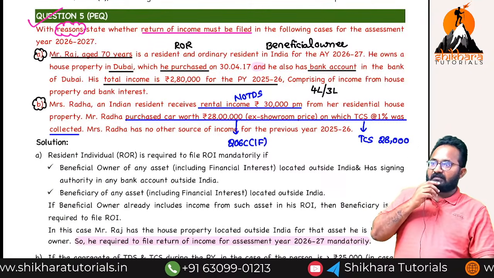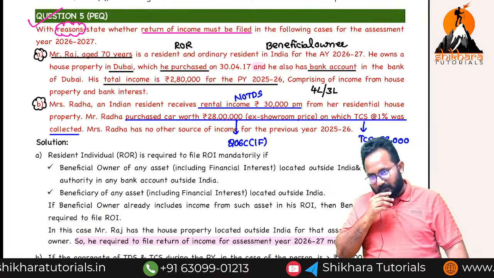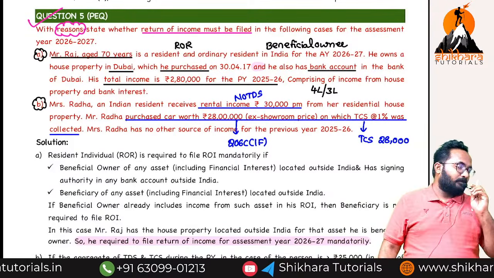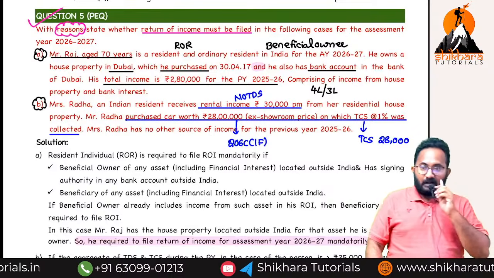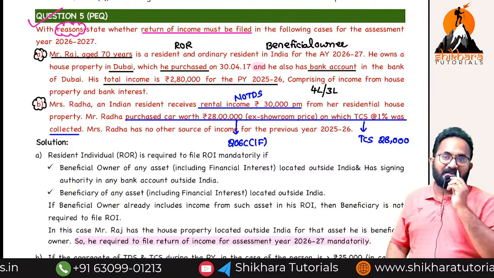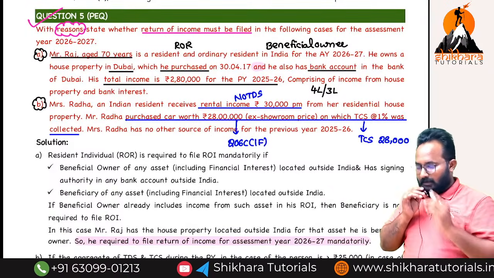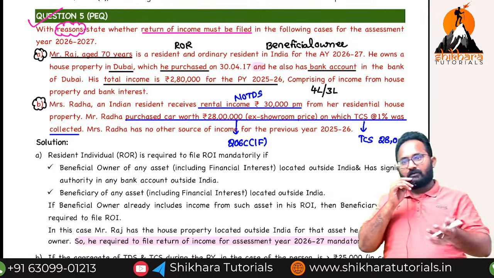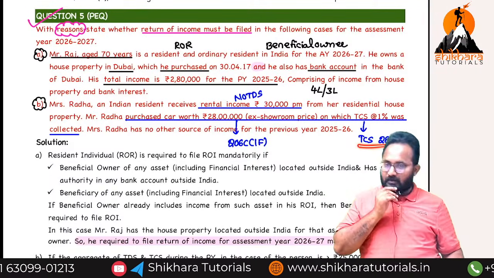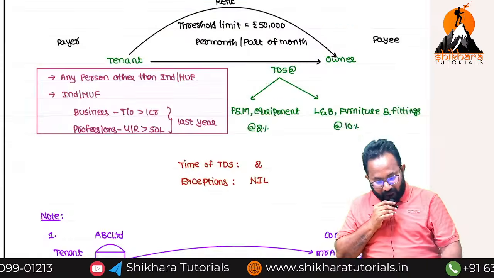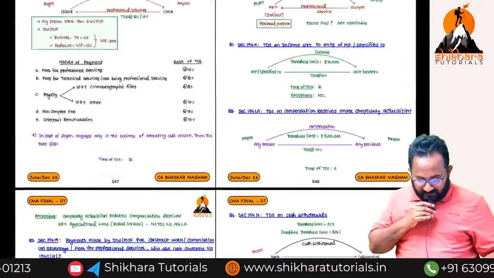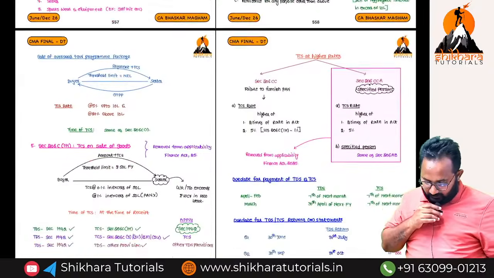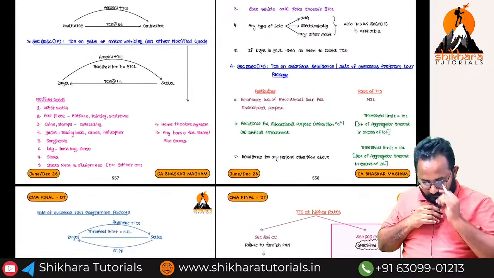If you are purchasing a motor vehicle and its price is more than 10 lakh, we have to collect TCS at the rate of 1%. But whoever sets the question paper is giving help, they gave the rate also, so we can calculate easily. Even if they do not give it, what is the TCS section? 206C subsection 1F.